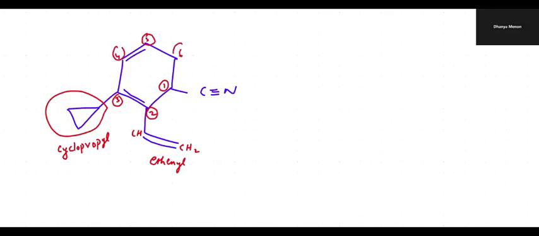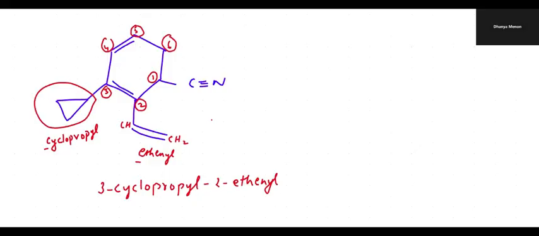Here, this is E and this is C, so definitely we name it according to alphabetical order. At the third position, I have a cyclopropyl group, and at the second position, I have an ethenyl group. Because it's a substituent, we don't write ethene, we write ethenyl.